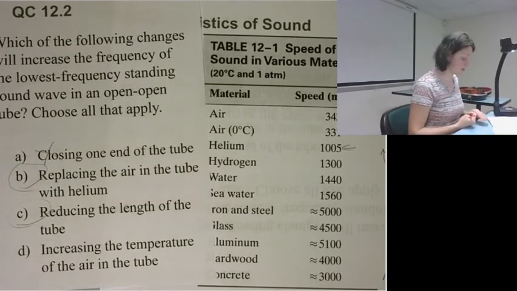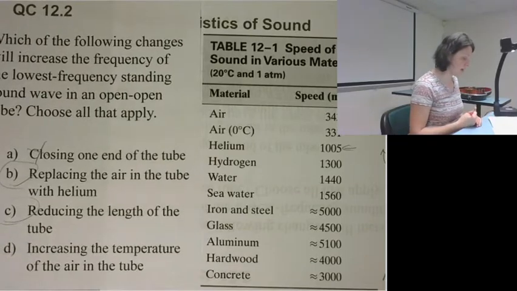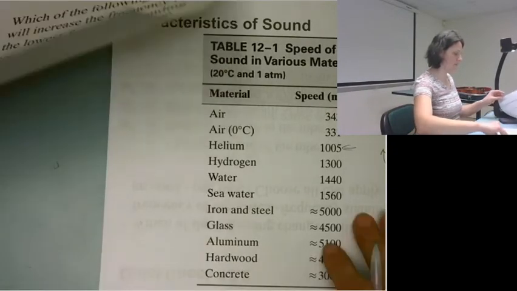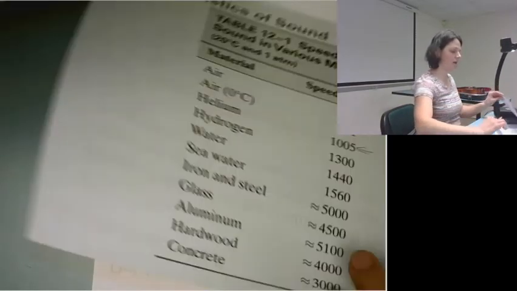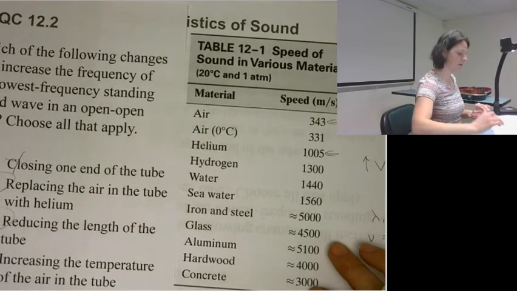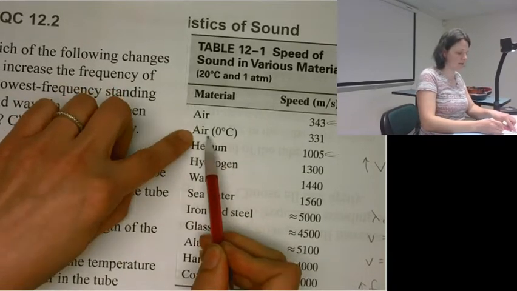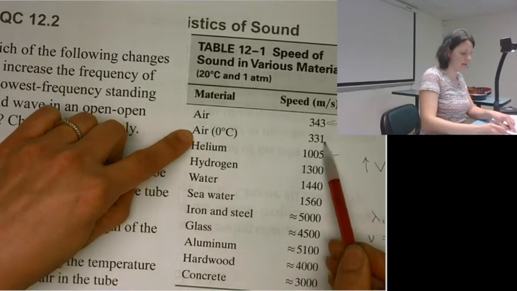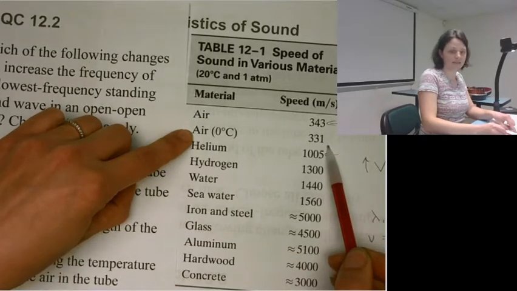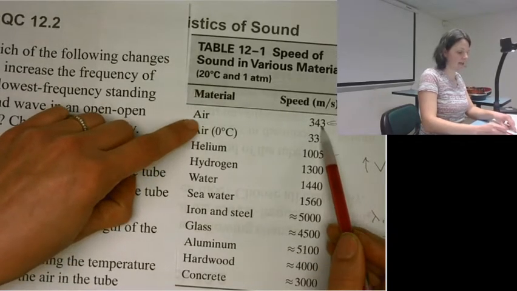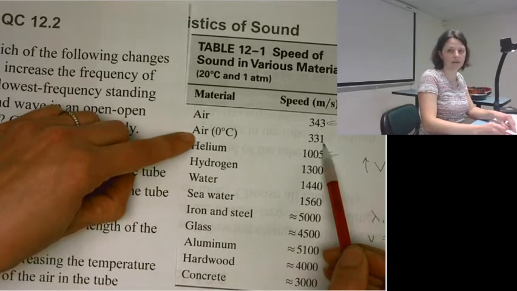Increase the temperature of the air in the tube. We don't have much in the way of this. Oh, there we go. So air at room temperature and air at 20 degrees Celsius. If you look here, we'll see that the speed of sound is actually getting slower the colder the air gets.